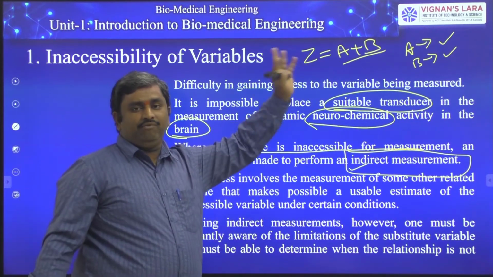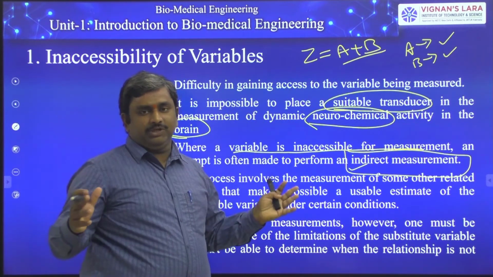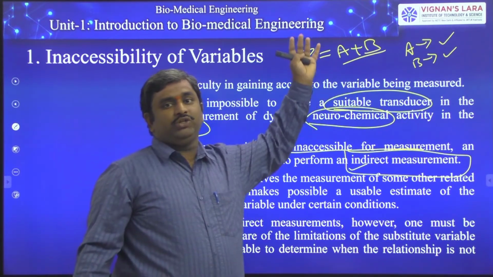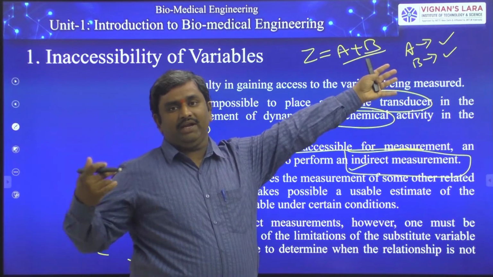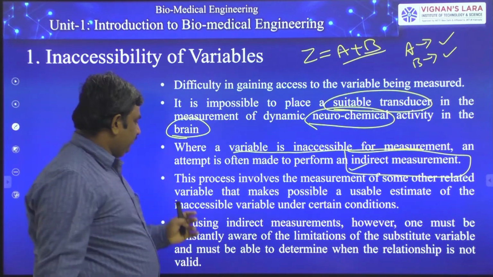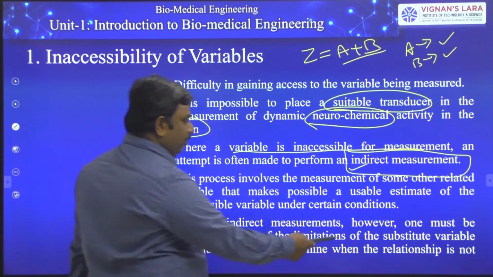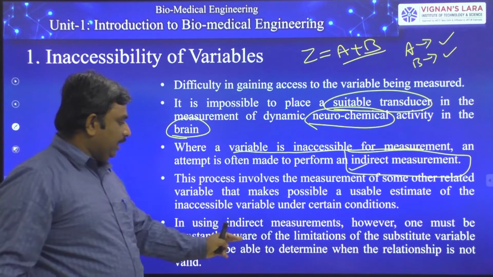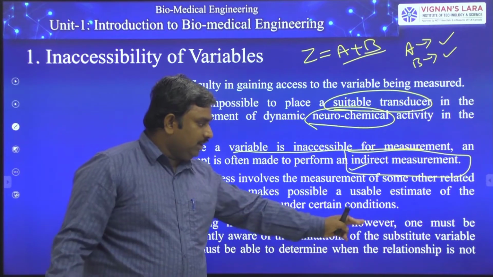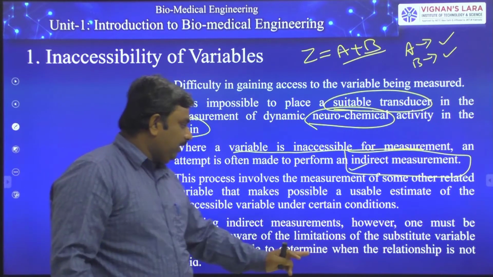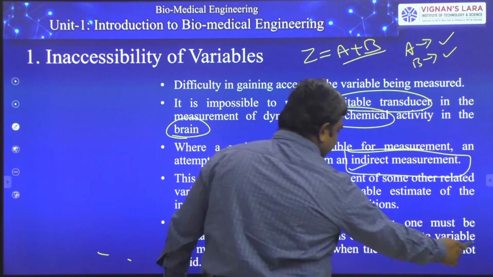Sometimes we go with relationships. We take some dependent parameters, and based on the dependent parameters, we identify our variable's behavior. Okay, right. Next, in using indirect measurement, however, one must be constantly aware of the limitations of the substitute variable and must be able to determine when the relationship is not valid.